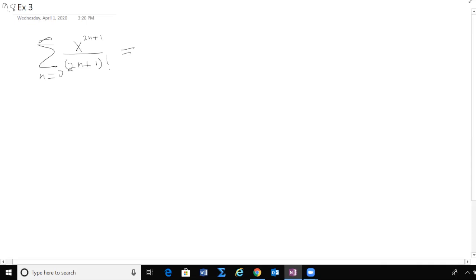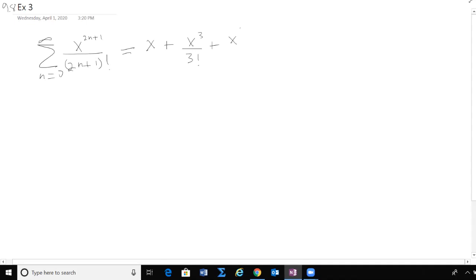And if we find the first few terms, we're going to have x over C0, 1 factorial, and then you'd have an x. Notice this goes up to 3 as a power when n is 2. And we have a 3 factorial down here.